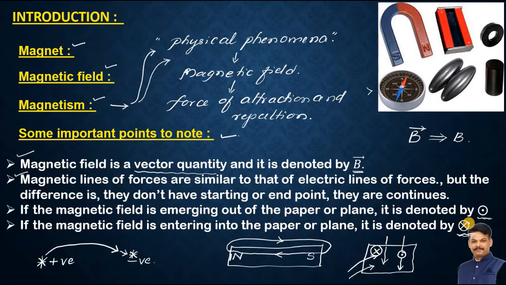If the magnetic field lines are emerging out of the paper, then it is symbolically indicated by a dot and a circle. If the magnetic field is entering into the paper, then it is represented by a cross mark and a circle on it.